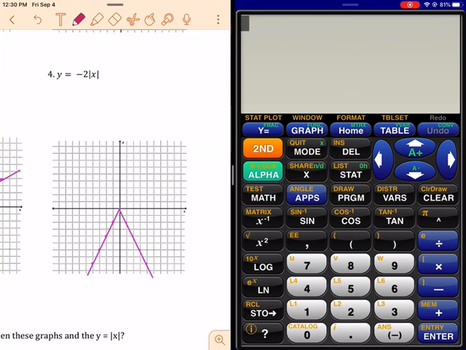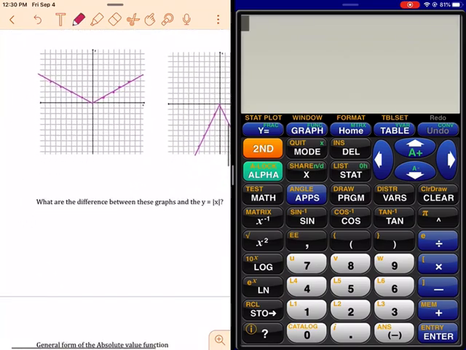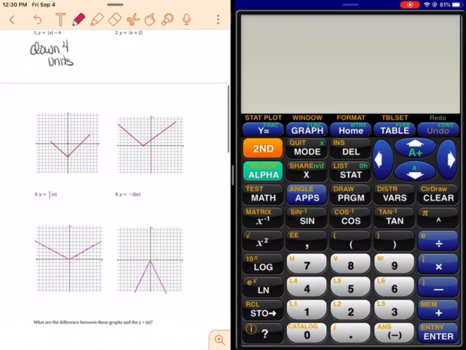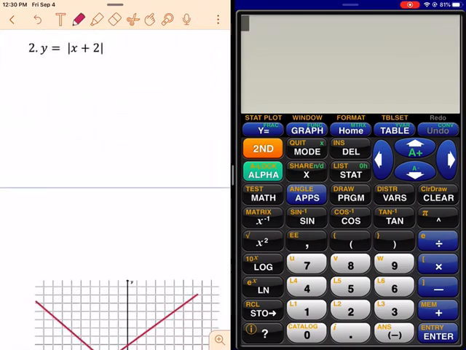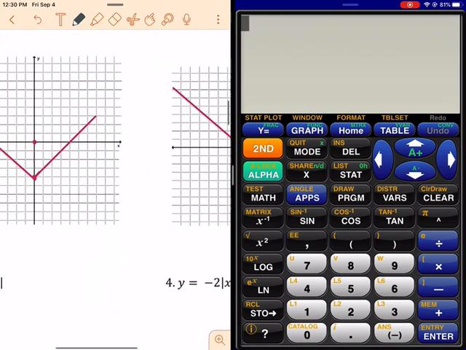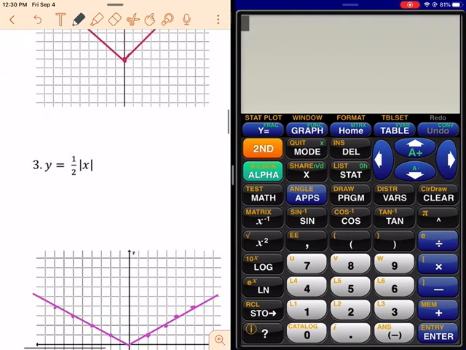And this one, I have -2, so notice that it's flipped over from the original, and my graph is now multiples of 2, which means it's a vertical stretch. Okay, so things that we noticed: outside it moved down, inside we moved right, this one we moved left. If we multiply by a fraction, it compressed.